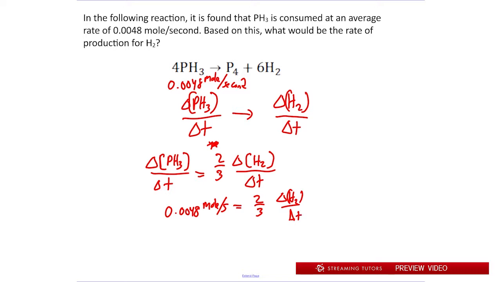And so what we'll find then is that our rate of appearance for H2 is simply going to equal 0.0072 moles per second. And it makes sense that that is higher than the rate of consumption of PH3 because of the stoichiometry we see in this reaction. So for every 4 moles of PH3 consumed, we're getting 6 moles of H2.